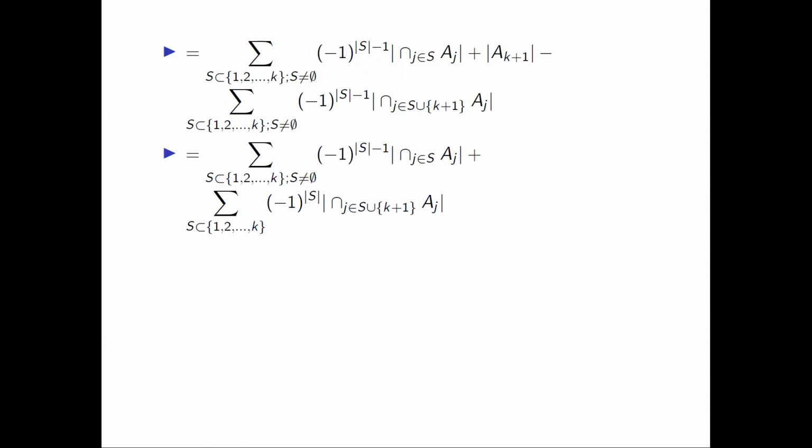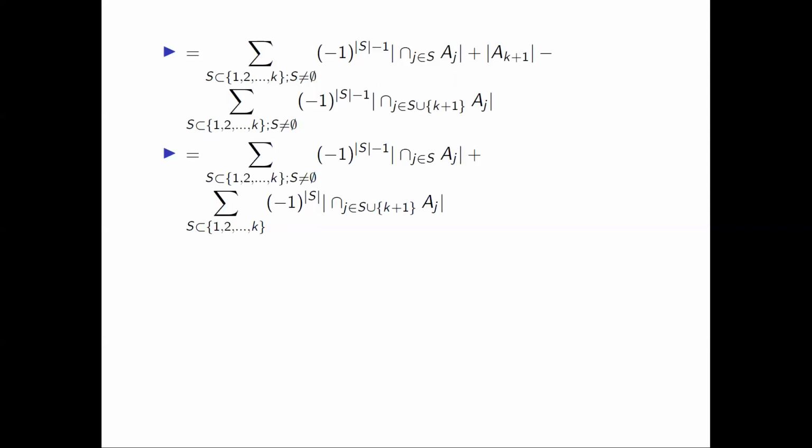Notice that the sum in the last term in the first bullet was over non-empty subsets S. But now I've changed the last sum in the second bullet so it's over any subsets S. They're not necessarily non-empty. So we're including the case when S can be the empty set. And when S is the empty set, then our intersection is over elements J that are elements of just the set k plus 1.